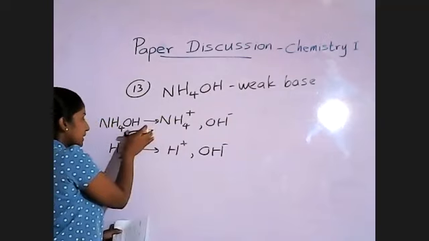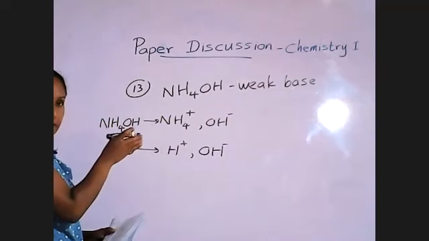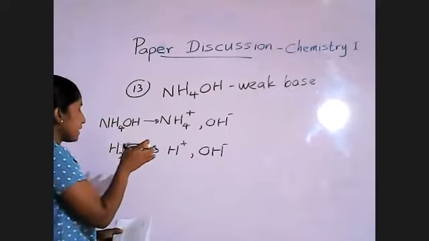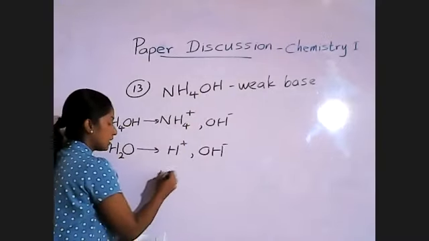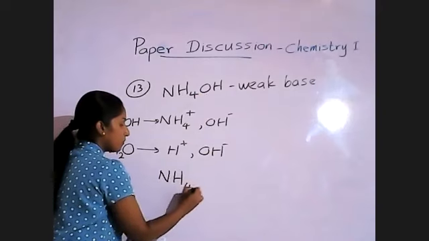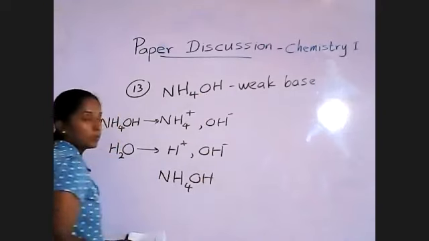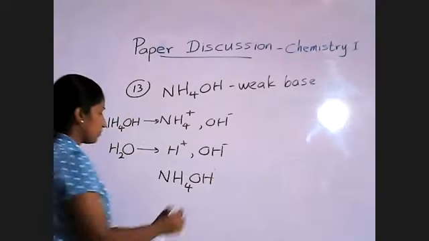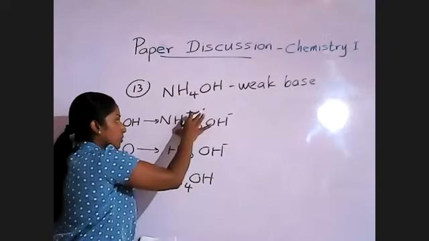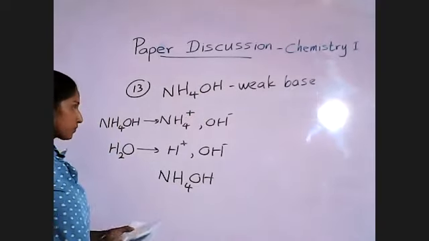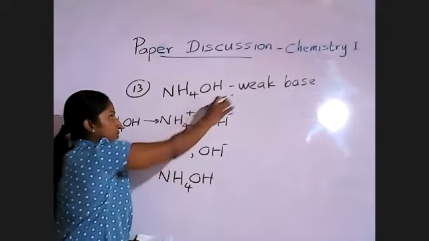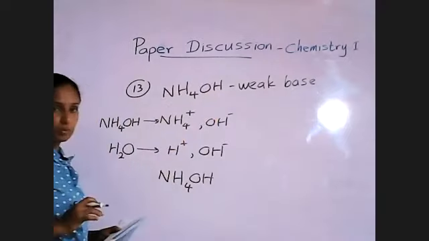And as this is a weak base, it is not completely ionized. So in the solution, there are ammonium hydroxide molecules also. You have to remember this for weak bases and weak acids.